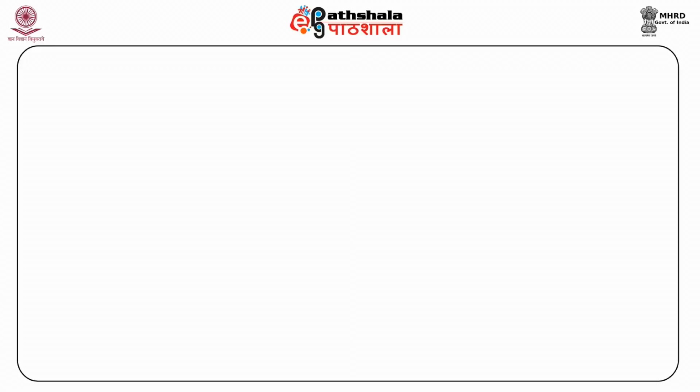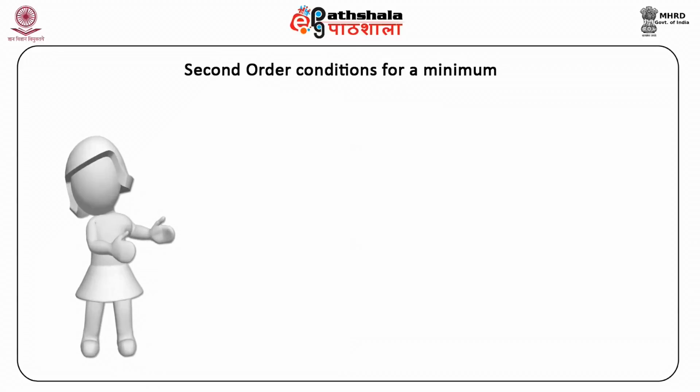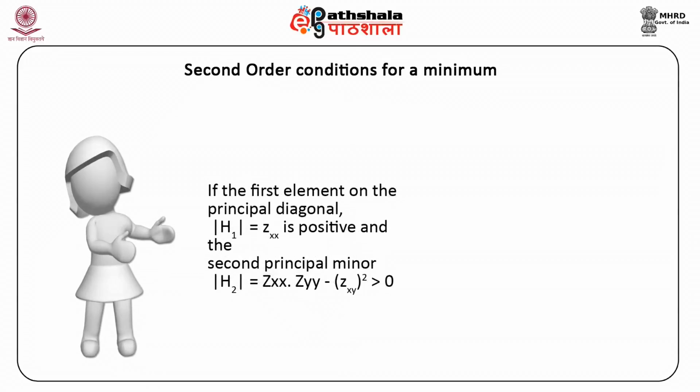Now, let us study the second order conditions for a minimum. If the first element on the principal diagonal, the first principal minor, H1 determinant equal to zxx, is positive and the second principal minor H2 determinant equal to zxx into zyy minus zxy whole square is greater than 0, the second order conditions for a minimum are met.